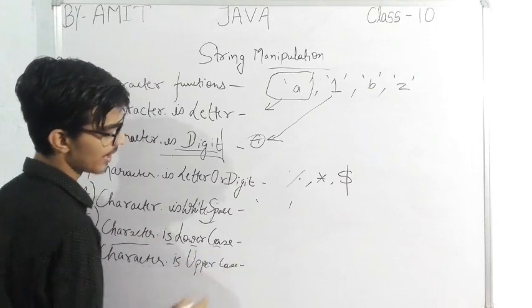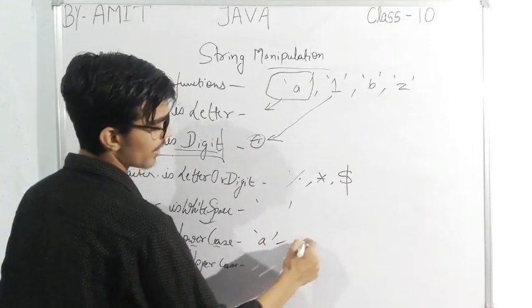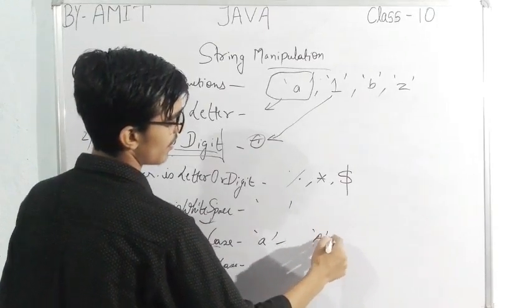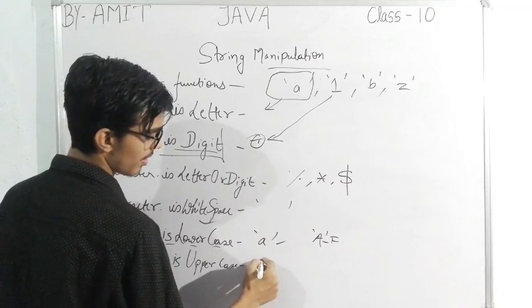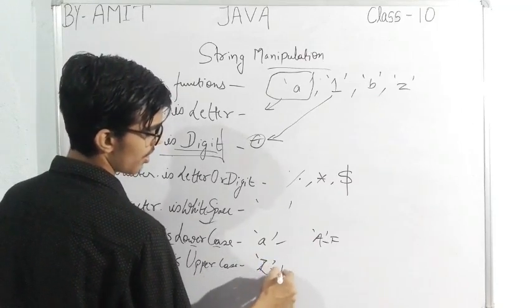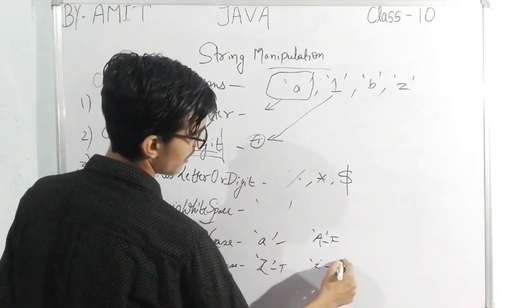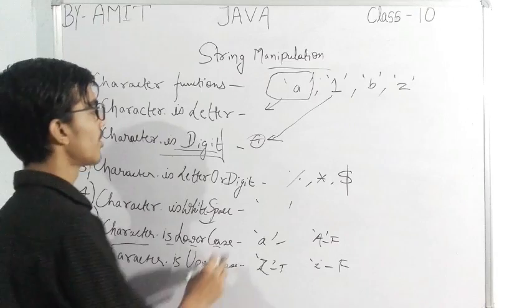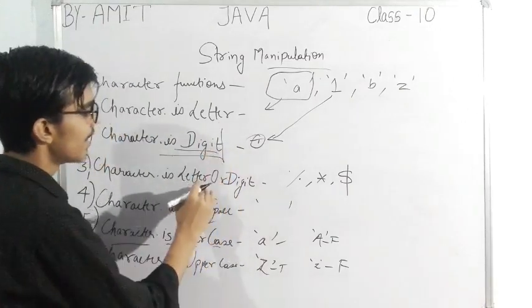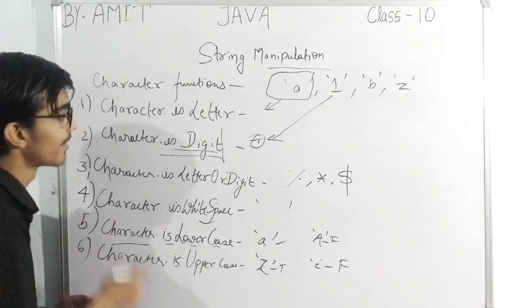Character.isLowerCase: small a is true and capital A is false. Character.isUpperCase: capital Z is true and small z is false. So you have all understood this: isLetter, isDigit, isLetterOrDigit, isWhitespace, isLowerCase and isUpperCase.